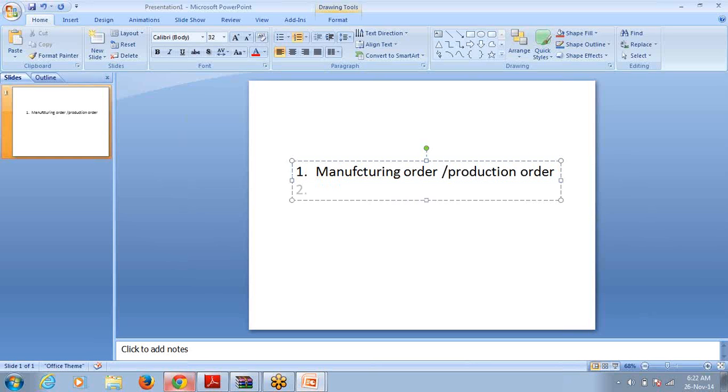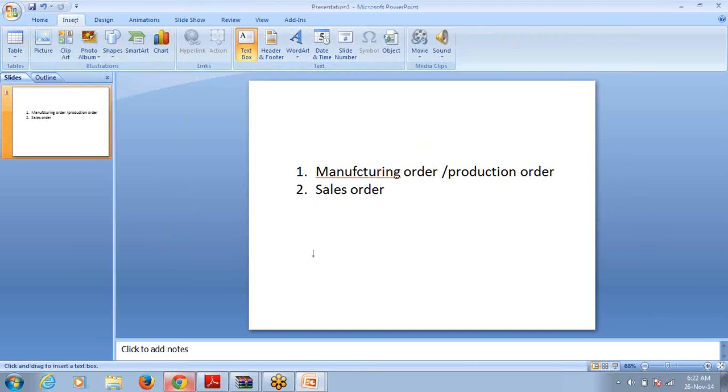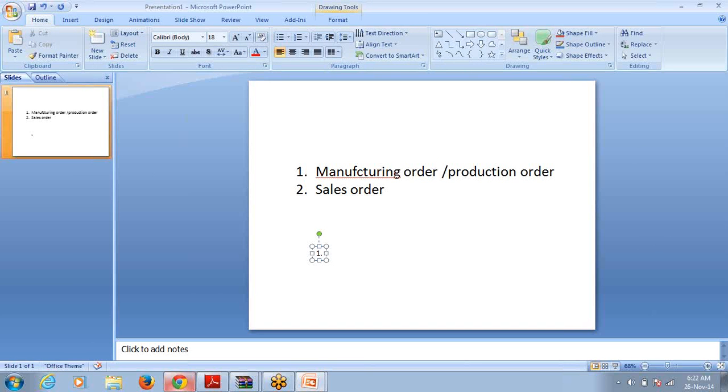Then number 2, sales order. A sales order can be taken as a cost object. For example, we have got an order from the governmental agency for the supply of items like 1000 refrigerators, then 1000 washing machines, then 1000 TVs.